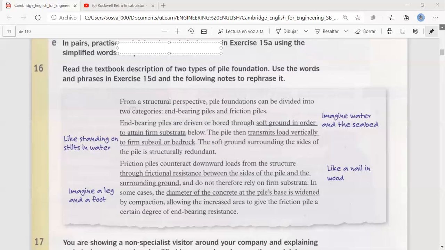We can rephrase that. We can say, in colloquial language, there are two types of pile foundation: the end bearing and friction pile. Literally like that. It's the same. That's the introduction. Aquí ya cambiamos el primer párrafo, que son 2 líneas, a una sola línea.